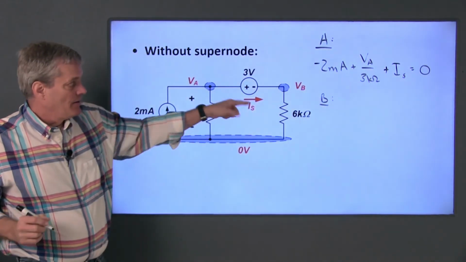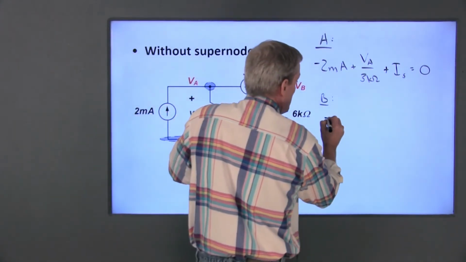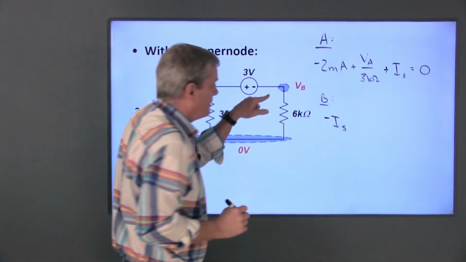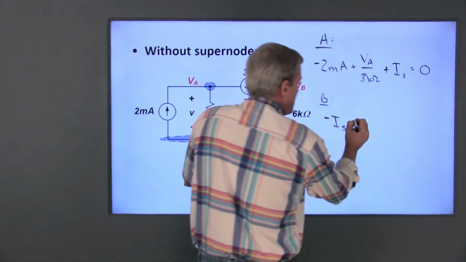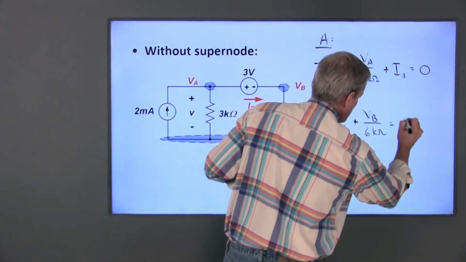KCL at B: IS is now entering node B because of my assumed direction, so I get a negative IS plus (VB minus 0) over 6 kilo ohms is equal to 0.